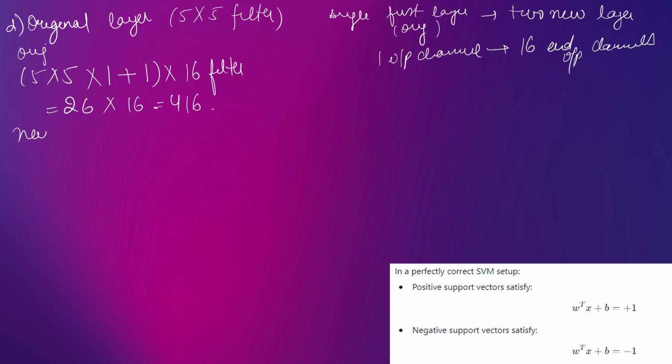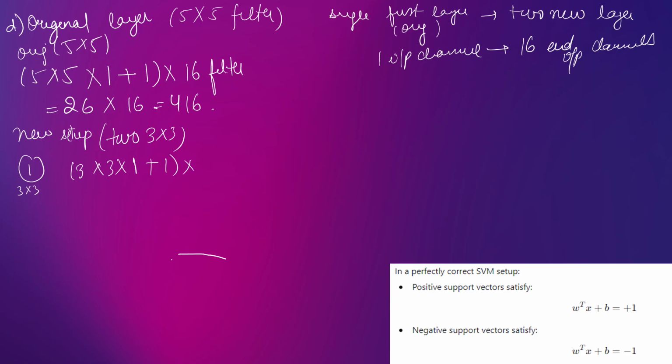Now for your new setup, where you have two 3 cross 3 filters, you will replace the one 5 cross 5. For layer 1, it will be 3 cross 3 cross 1 plus 1 into 16. This will be 160.